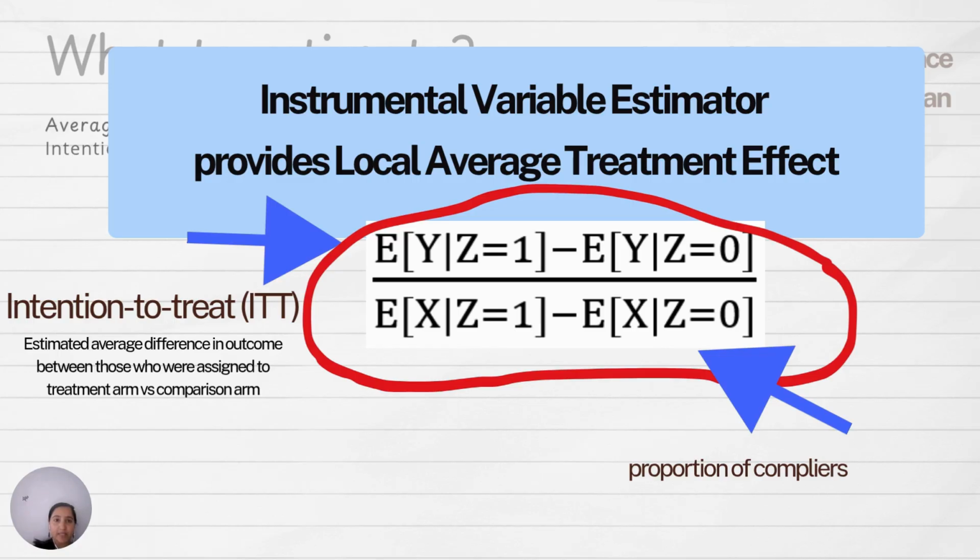Here you can see I have written that it provides the local average treatment effect. It's called local because this value, ITT divided by the proportion of compliers, is no more about the total study participants. It only refers to the subset of study participants who are actually compliers. That's why it's not a global measure, it's a local measure.